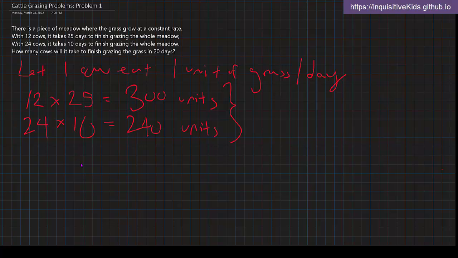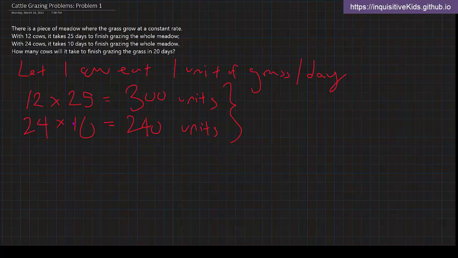Now let me ask you a question. How come with 24 cows they ate fewer units of grass? Well, that's because, remember, the grass grows at a constant rate.